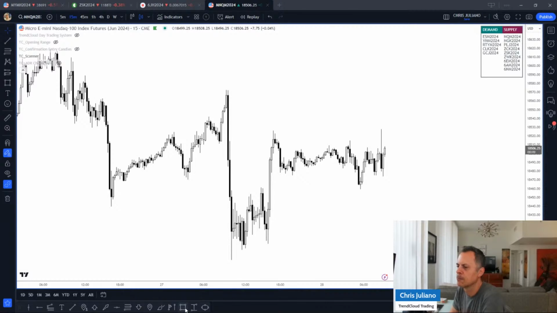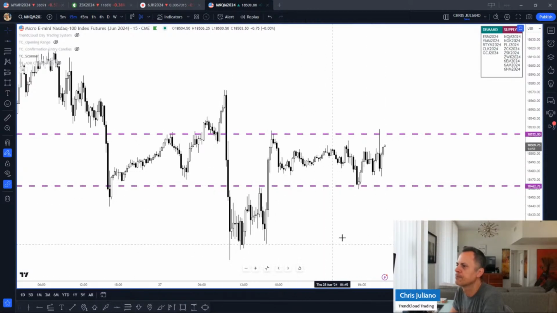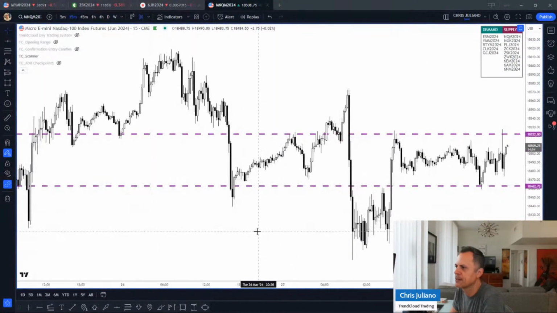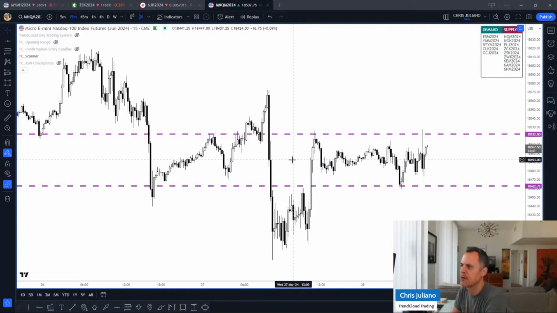Getting there. What does that give us? Gives us this sideways movement here. Interesting when you look back in time, a lot of time is spent in this area. A lot of time spent in this area.